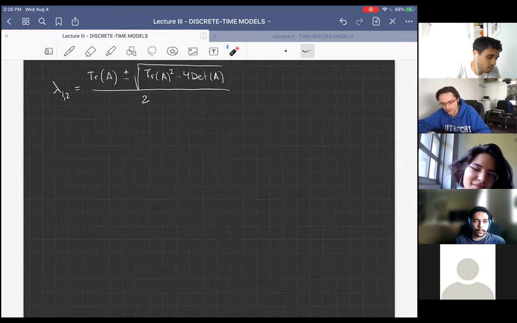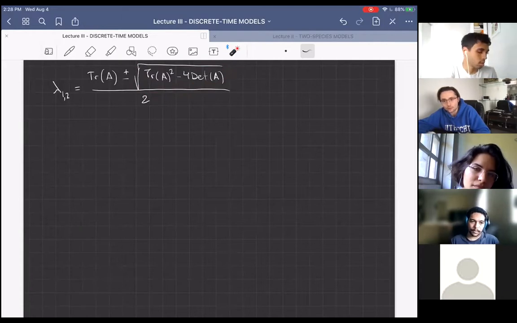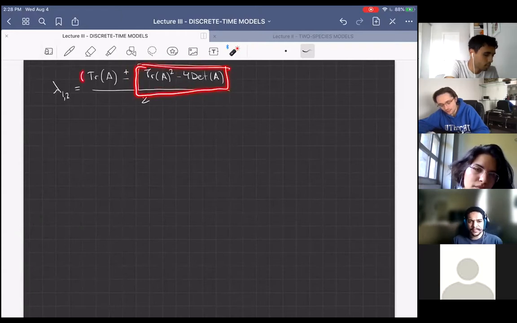For instance, you can say, okay, if the determinant of the matrix is negative, then everything inside the square root is going to be positive, so my eigenvalues are going to be real. And this inside the square root is going to be larger than the trace of A, right?